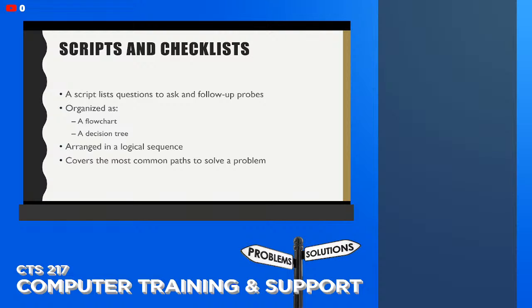Why we would use those as a part of our problem-solving process. Right? Because you've probably called tech support at some point, gotten a level 1 support technician, and they've read from a script to you regarding the problem that you're trying to solve.